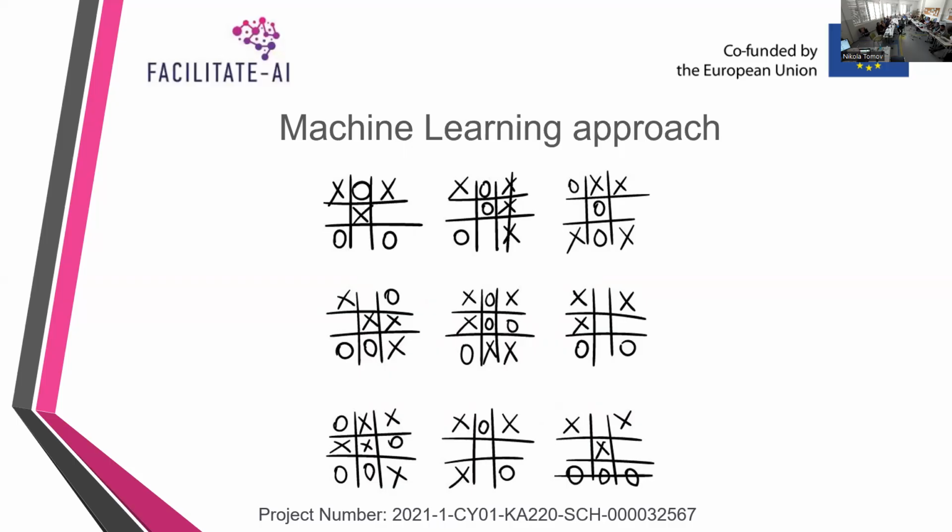You know how many board configurations there are in tic-tac-toe with only 6 rules? 5,400 or something. This is very few for the machine. For us, it's not. What? The board configuration. 5,000.